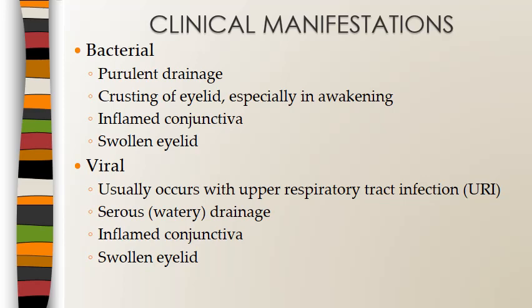These are the kids that wake up in the morning whose eyes are glued shut because of the purulent drainage. A child with viral conjunctivitis has more of a watery drainage. They will have an inflamed conjunctiva and a swollen eye, but they will not have the eye glued shut in the morning. Viral conjunctivitis usually does occur with an upper respiratory tract infection.